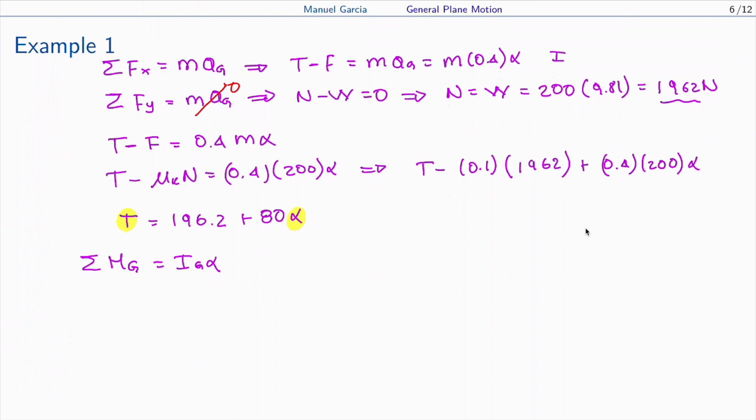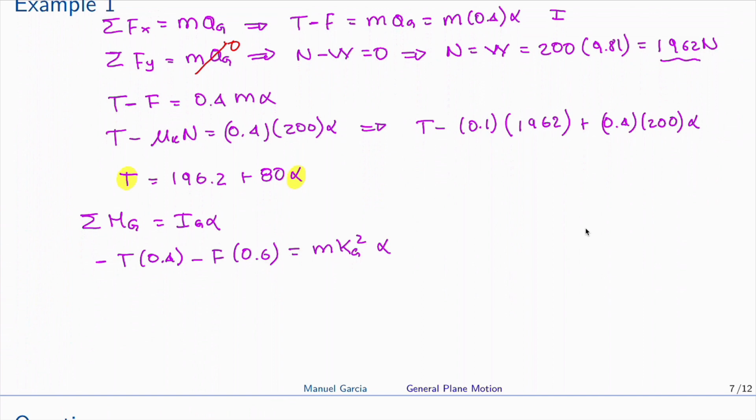So let's write the moments. We have minus T multiplied by 0.4 minus F multiplied by 0.6, since they are at different distances, and this is equal to the moment of inertia, which is the mass multiplied by the radius of gyration squared, multiplied by alpha.